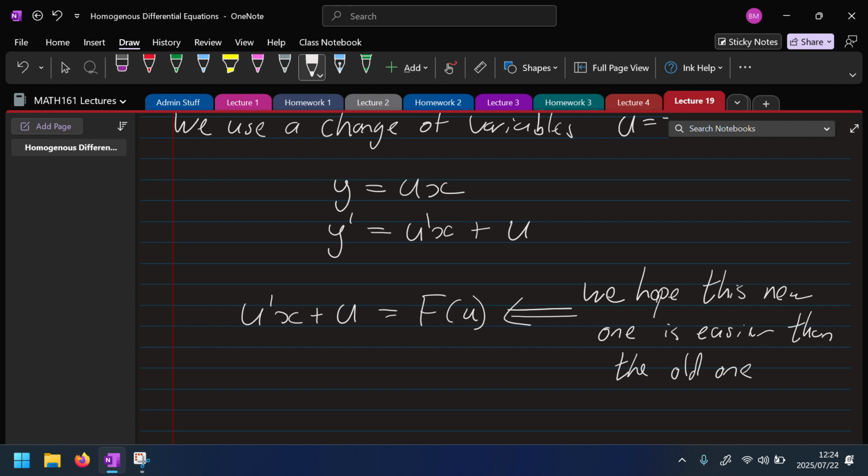If that's not the case, maybe you're going to have to try something else. But a lot of the times, if you do see a homogeneous differential equation, this process will make it easier.